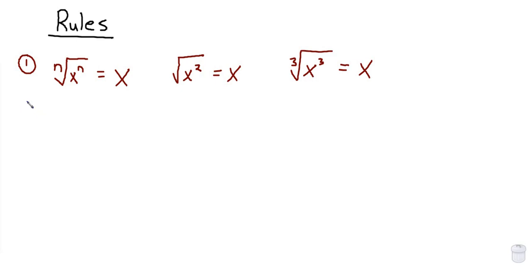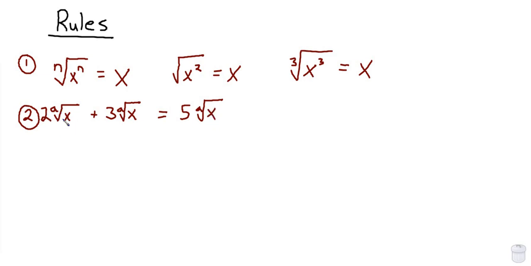Okay, another thing that we know is that if we are adding or subtracting radicals, so let's say we have, let's call this the eighth root of x, plus, well, let's say 2 times root a of x plus 3 times root a of x is going to equal 5 root a of x.